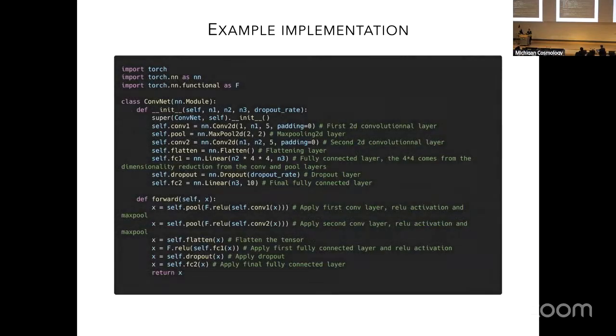OK, so that's an example of an implementation. It's very similar to the one we had before. We make a class that's going to have our neural network in it. So we define all of the different layers that we're going to have: convolution, pooling, convolution, and then flatten, fully connected, and then some dropout to regularize, I'm going to talk later about what that is, and then another fully connected layer.